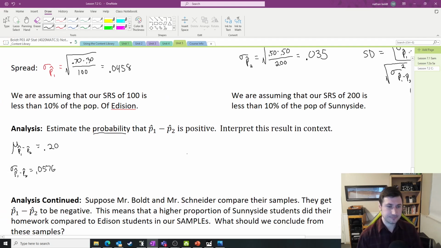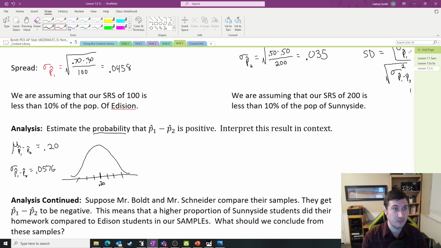There we go. So there's this sampling distribution. The middle is at 0.20, and then we have our standard deviations that go out. I want to know the probability that this is positive, meaning positive numbers are bigger than 0. So 0 is over here somewhere. Because 0.20 is the middle, 0 is over here.